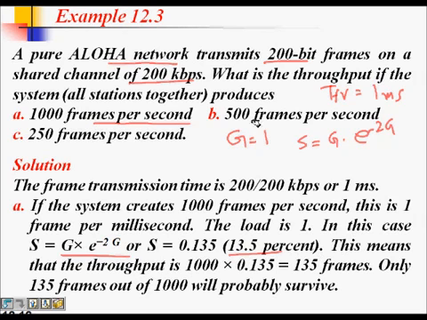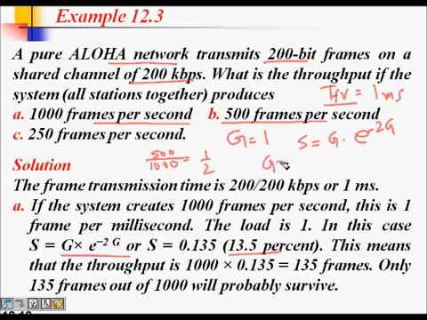And then it asks, what if I am sending 500 frames per second? So this is 500 by 1000 frames per millisecond, which is half a frame per millisecond, or per TFR time period.